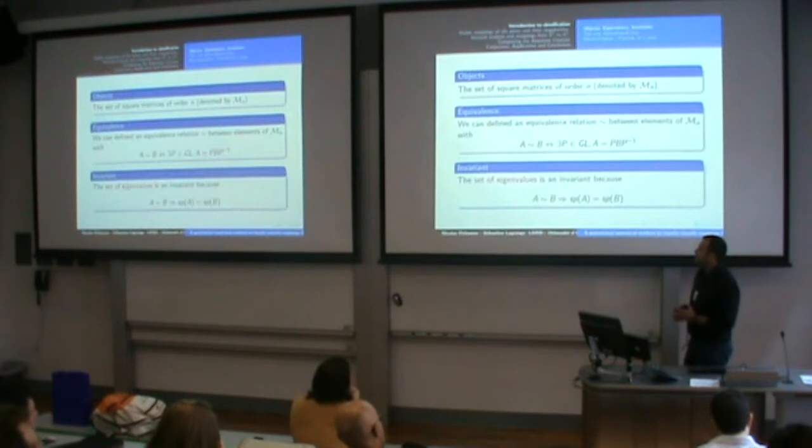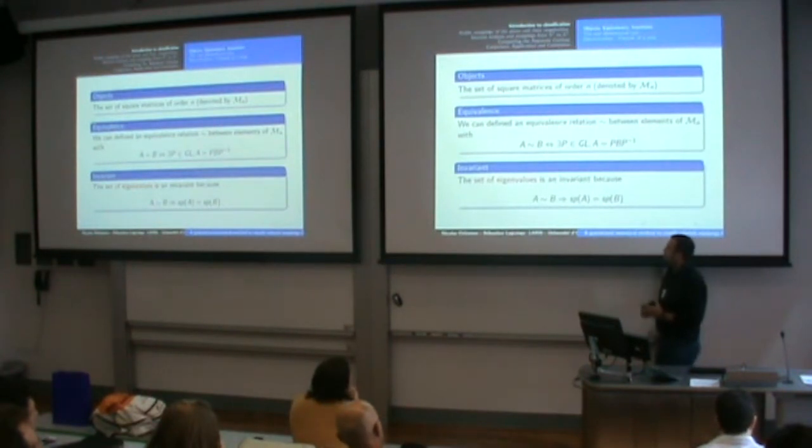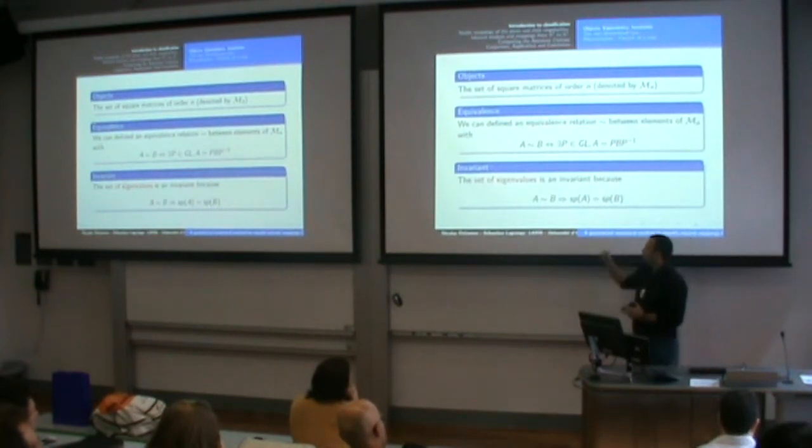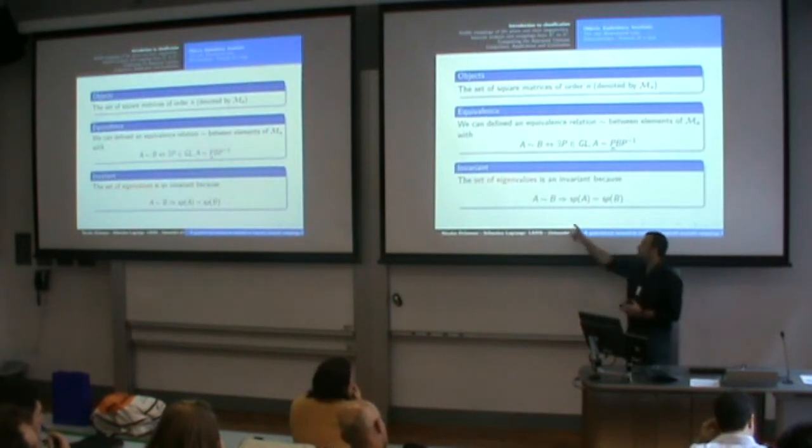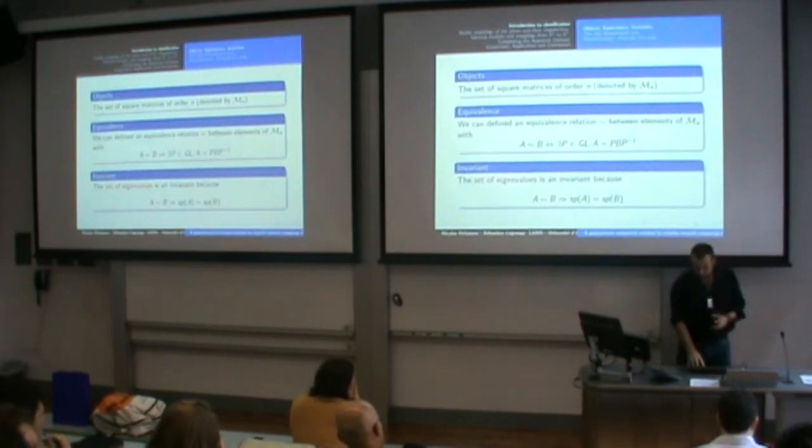For example, if you have two matrices that are equivalent with this relation, the set of their eigenvalues is an invariant. Why? Because if they are equivalent, then the sets of eigenvalues are the same.